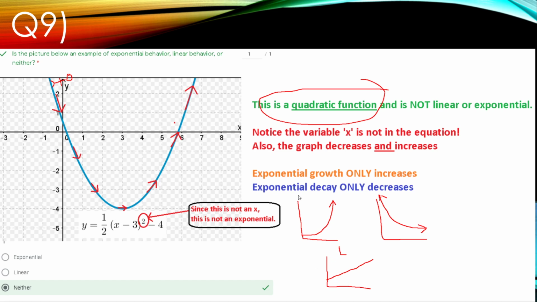So this is linear, exponential growth. This was exponential decay. Well, this quadratic graph looks nothing like this. But maybe you looked at this in a different way.